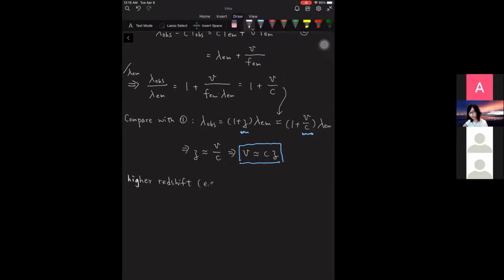If we just directly put z equal 1.5 into this equation, then it doesn't make any sense, right? Then we will get v is approximately 1.5c, and that doesn't make sense. So apparently we can't directly use this when we have a higher redshift object.